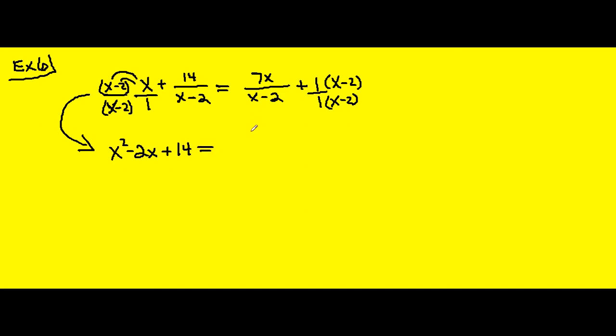That equals 7x plus, well, 1 times x minus 2 is x minus 2. There we go. And solve for x. Now this is x squared. This tells me it's a quadratic equation, so I'm going to bring everything from the right side over to the left. Alright, so here this tells me I've got 8x, combining my like terms. So how about I subtract this 8x from both sides?